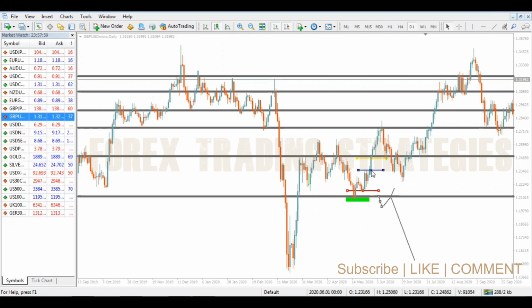Then price now starts moving. This is where I get involved. I start moving my stop loss closer, because my target is this. I don't want this to happen when I'm close to my target.